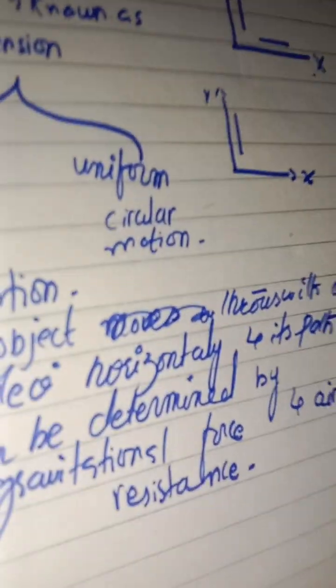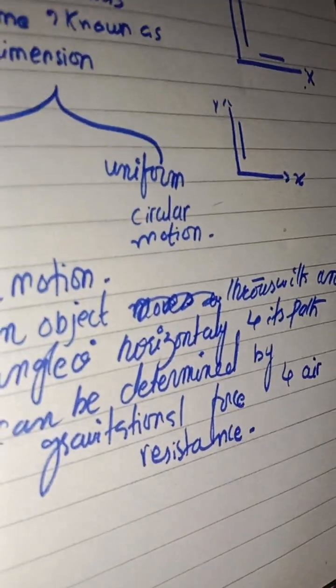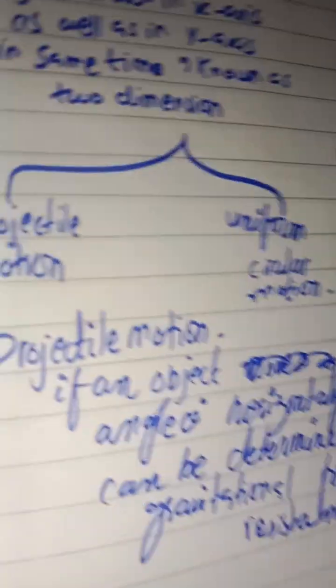Projectile motion is an example of motion in two dimensions. It is the best example.